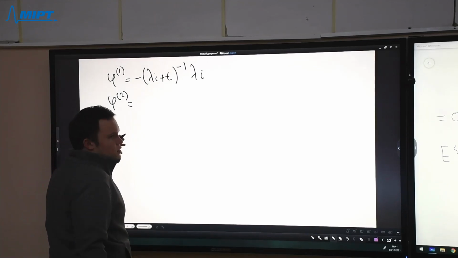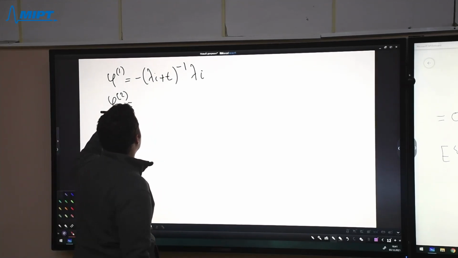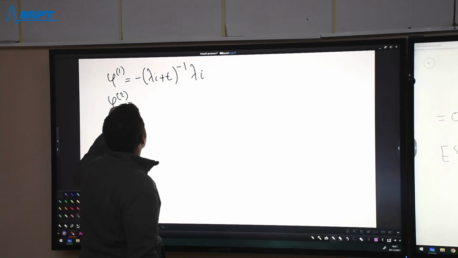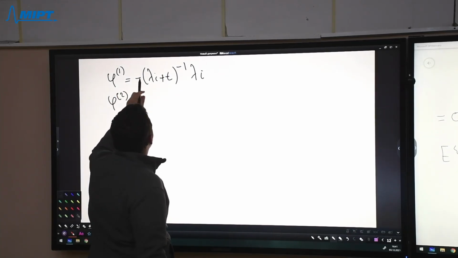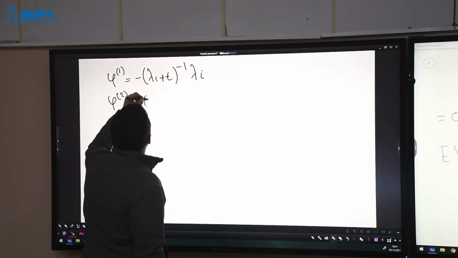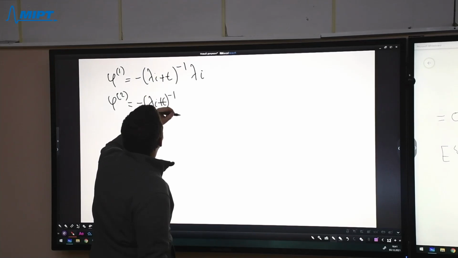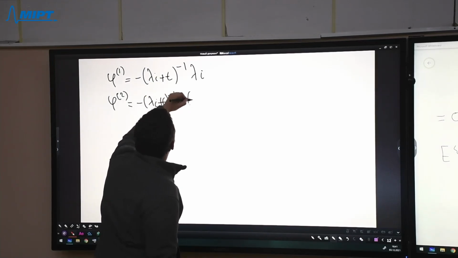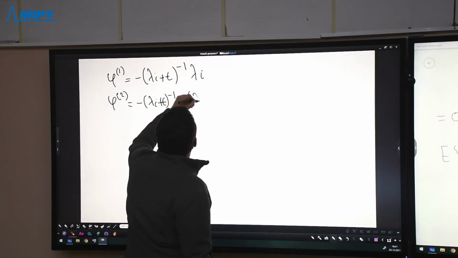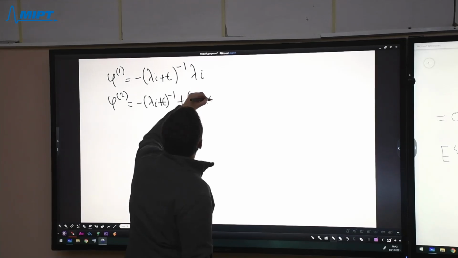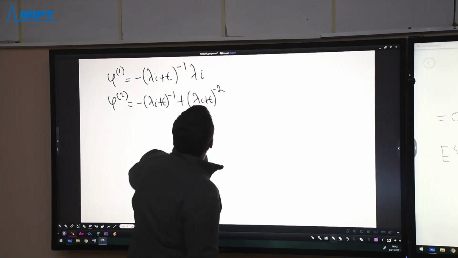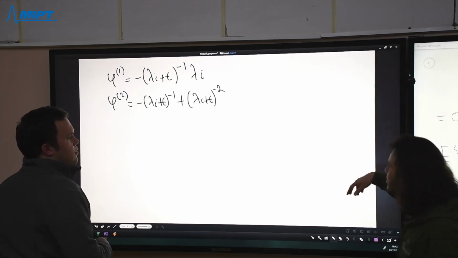We can use the chain rule, the product rule again, but we don't need to. Minus lambda I plus t minus 1. No, we don't need it, because the same deal: the derivative of this is 0.